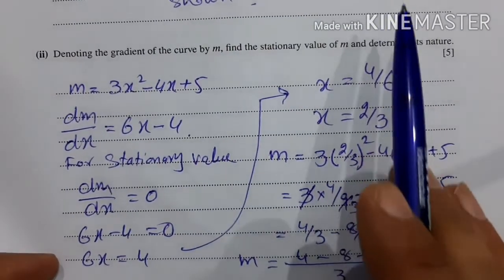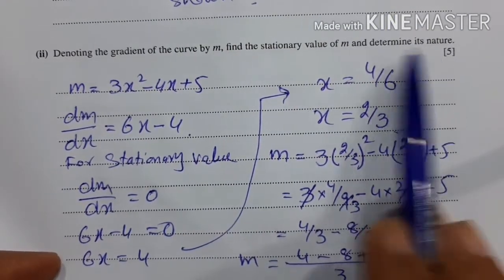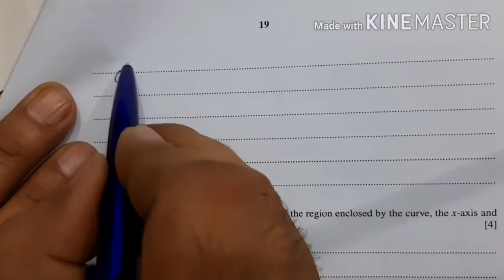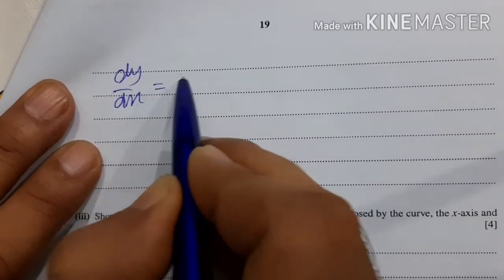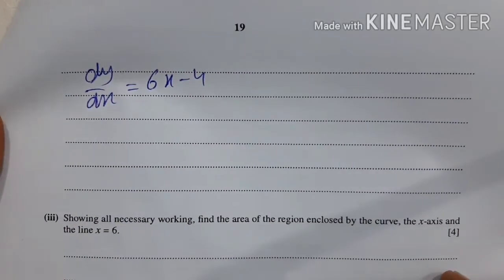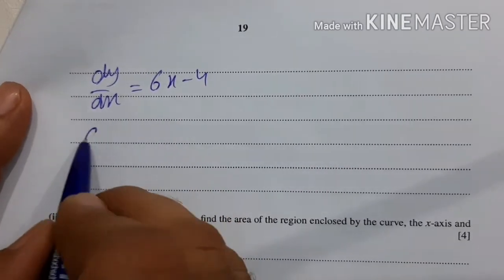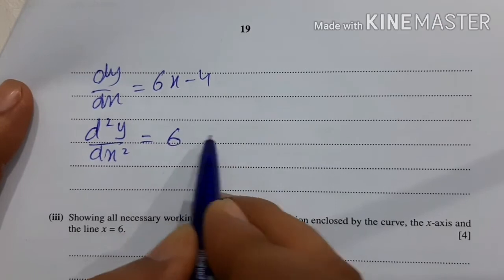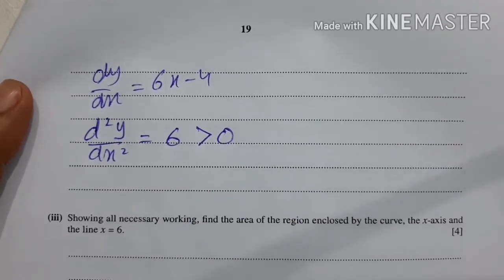Now we need to check the nature of this value. We know that dm by dx is 6x minus 4. So for the nature, we need d2m by dx square. So d2m by dx square is 6, which is positive, greater than 0.